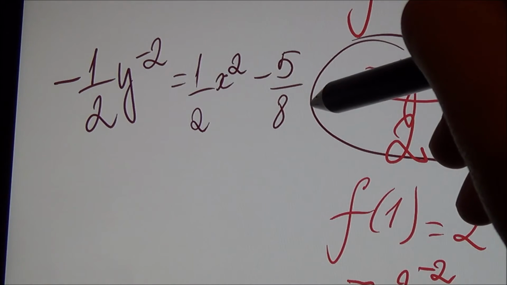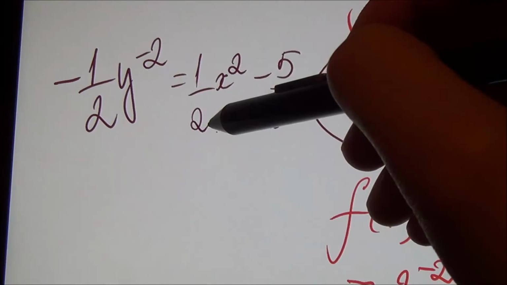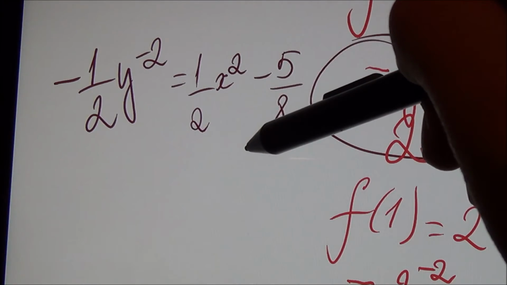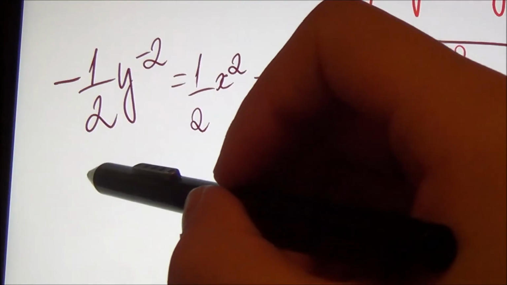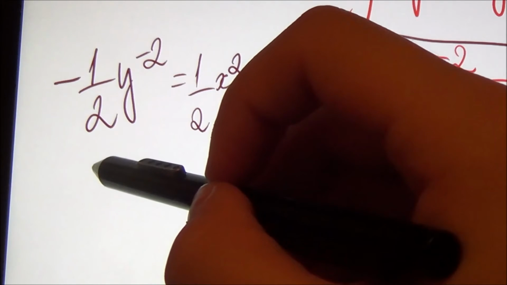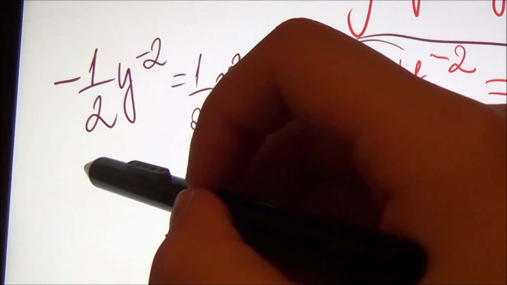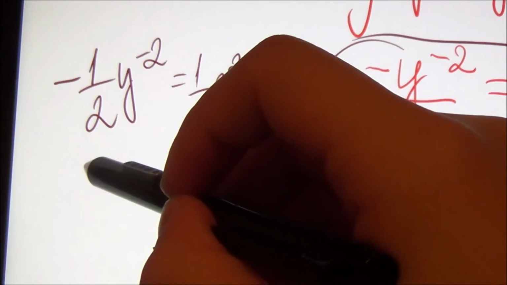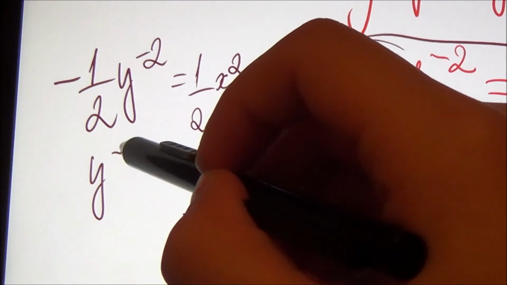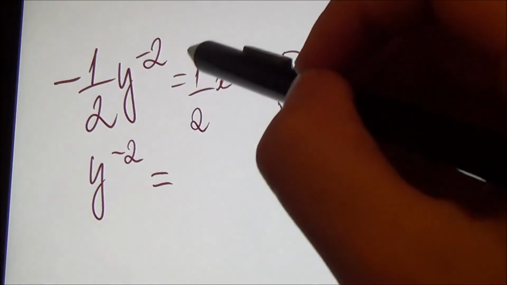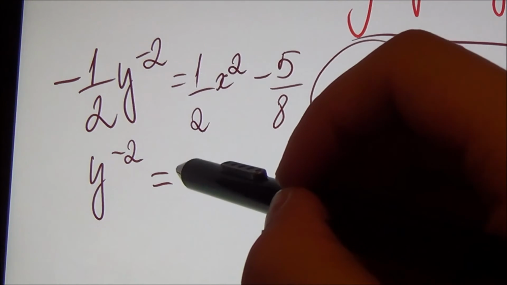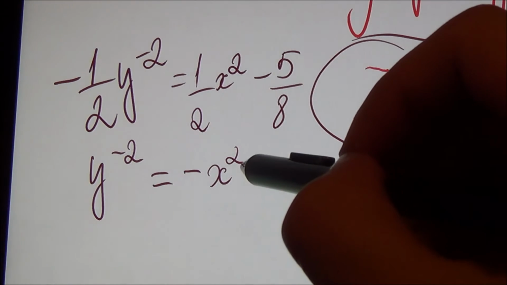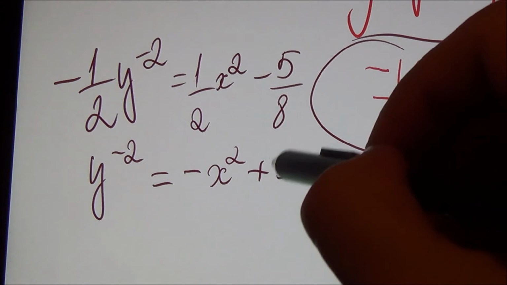And what we can do to get rid of this 2 and this 2 is multiply everything by 2. And let's see what we get. So negative 1/2 times 2 is going to be just negative 1. And to make it easier, we're going to multiply by negative 2. So y to the negative second power is equal to negative x squared, and this multiplied by negative 2 is going to be positive 5/4.